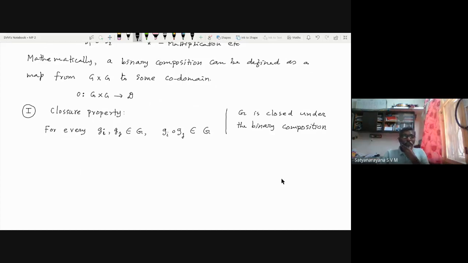It's not very difficult to find examples, but let me give you an example.